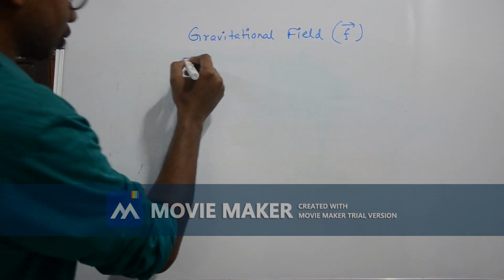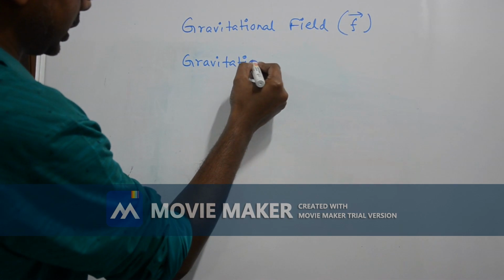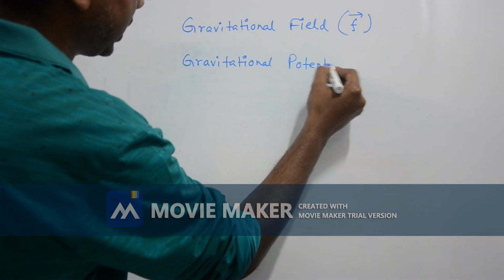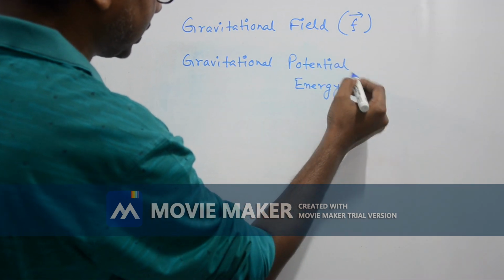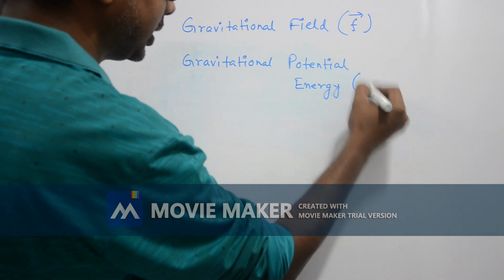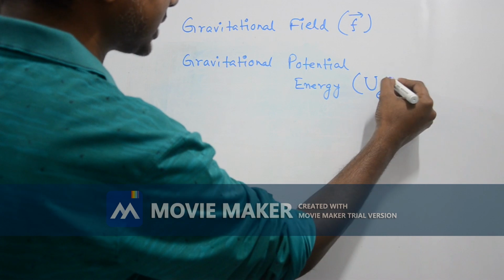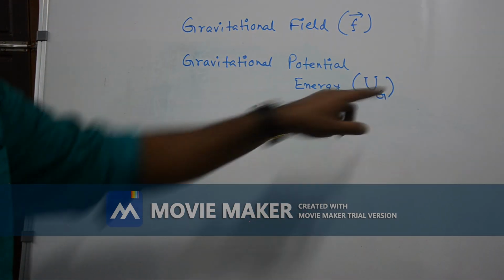Another term is known as gravitational potential energy, written as U, with a suffix G, just to keep in mind that this is coming from the gravitational force.